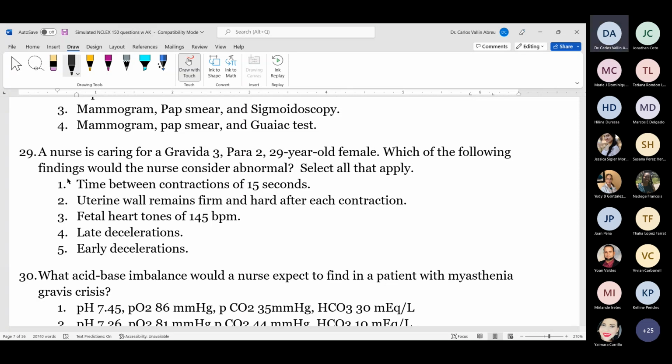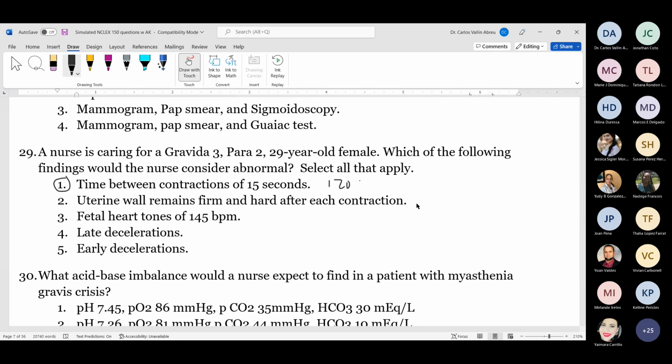It's abnormal, it's horrible. Super abnormal. It should be 120 seconds minimum, and 120 to 180 is the ideal. Between contractions, 2 to 3 minutes. Uterine wall remains firm and hard after each contraction.